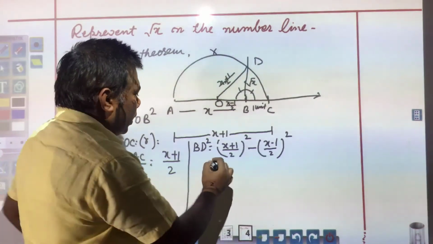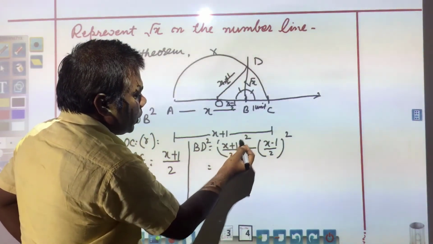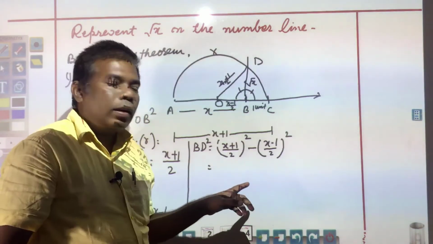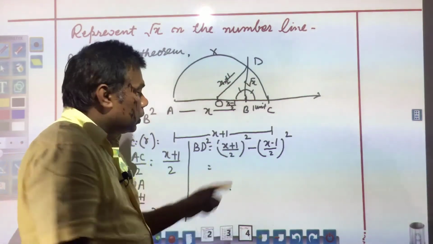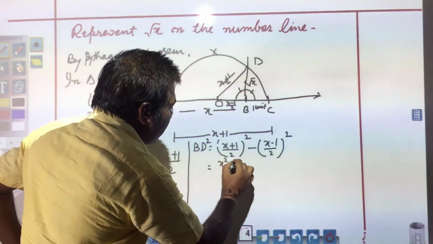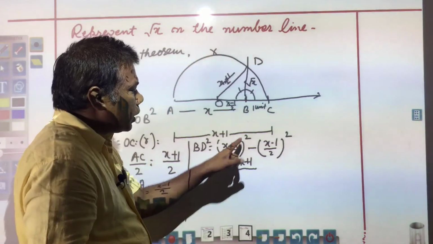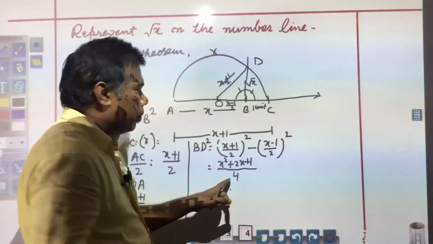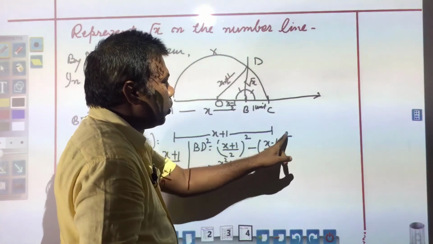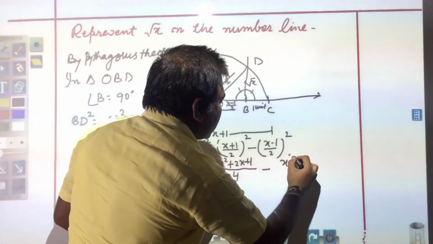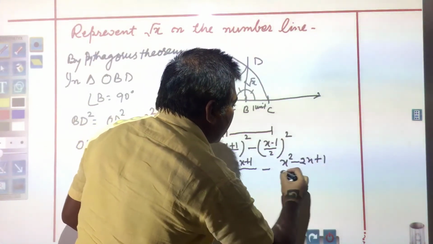Now, you simplify this: x plus 1 whole square divided by 2 square. x plus 1 whole square means a plus b whole square, so you write x square plus 2x plus 1 divided by 4. Now, minus a minus b whole square means x square minus 2x plus 1 divided by 4.